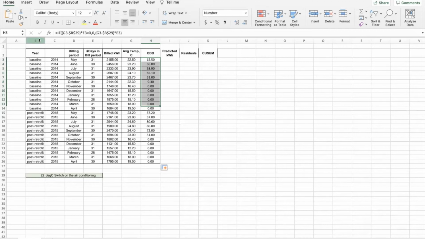Okay, let's take a look at column B. In column B, there are two categories. One is the baseline, another one is the post-retrofit. What does that mean? The baseline is what you already know about the data, and the post-retrofit is after you make something different, after you improve something like the boiler, some insulation, or the building envelope.